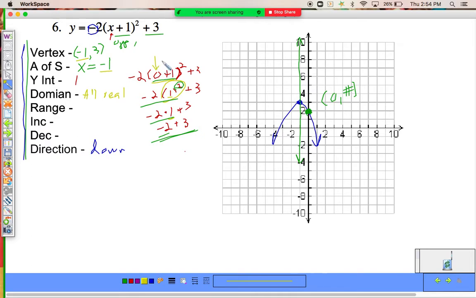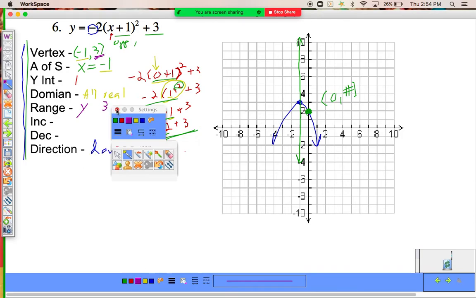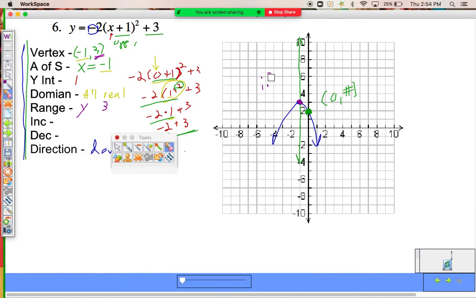I'm looking at my graph, and based on this 3, my y is going to be less than or equal to the value 3. It's always going to be based on the y value of this vertex.